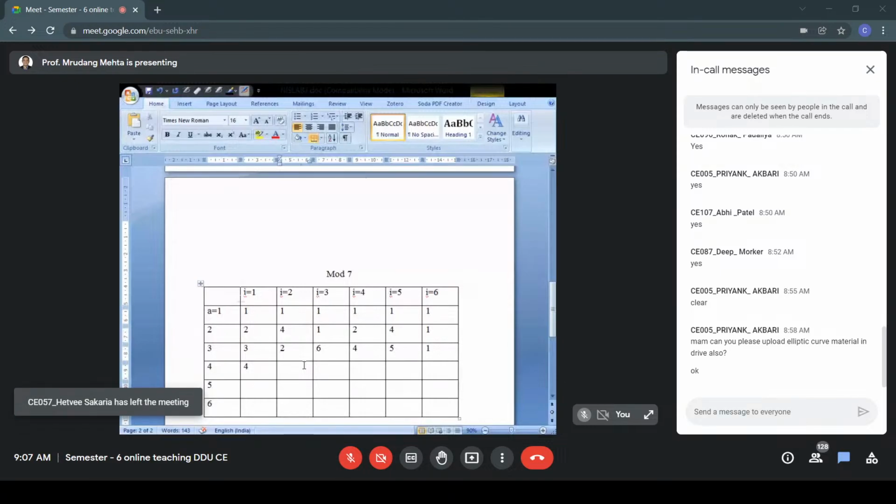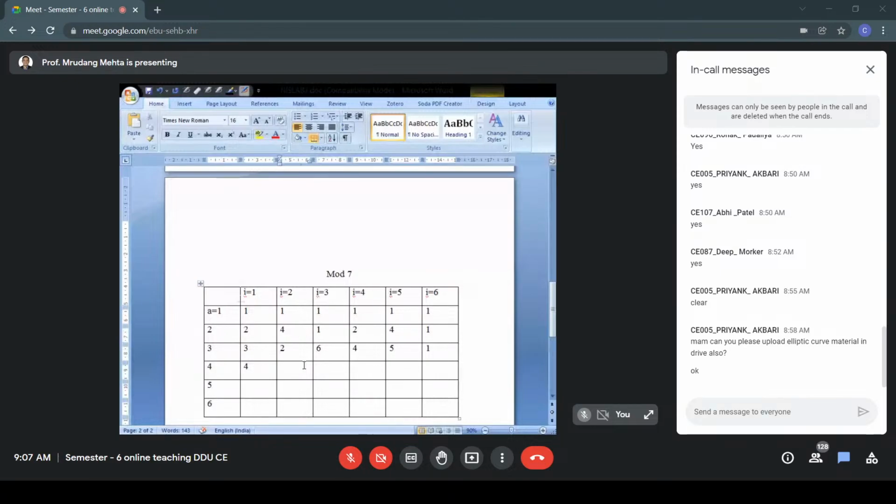Now for 5, we have 5 raised to 1 is 5, 5 raised to 2 mod 7 is 4, 5 raised to 3 mod 7 is 6, 5 raised to 4 mod 7 results in 2, 5 raised to 5 mod 7 results in 3, and finally 5 raised to 6 mod 7 results in 1.